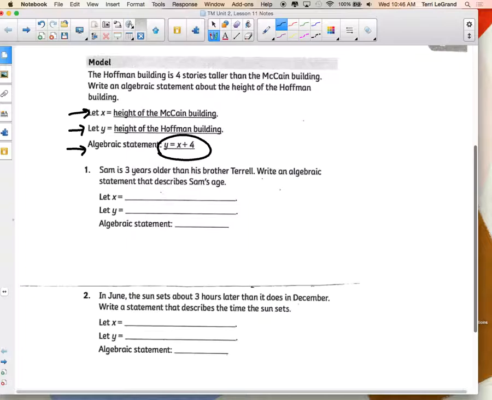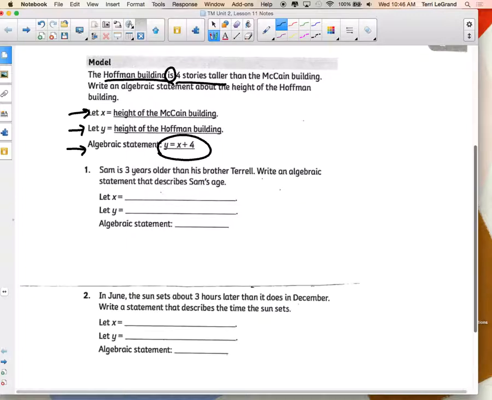Well, where did they get that from? Where did that come from? Caden? Y equals x plus 4 because the Hoffman Building is 4 stories higher than the McCain Building. Yeah, the Hoffman Building. So right here it says the Hoffman Building, and then it says is 4 stories taller. That means more, right?